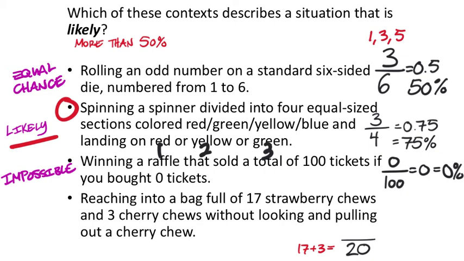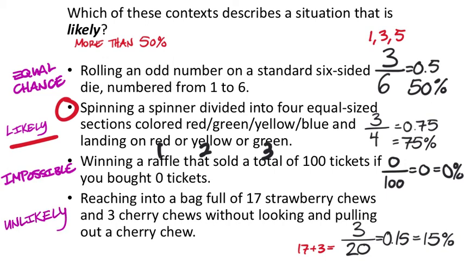But it says you're going to pull out cherry. Well, there's only 3 of the cherries on this one. So that's 3 out of 20 as a fraction. Of course, we know that we can change this into a decimal. This would come out as 0.15, which as a percent would change into 15%. Now 15% is less than 100, less than 50. So this one right here would be considered unlikely to happen.